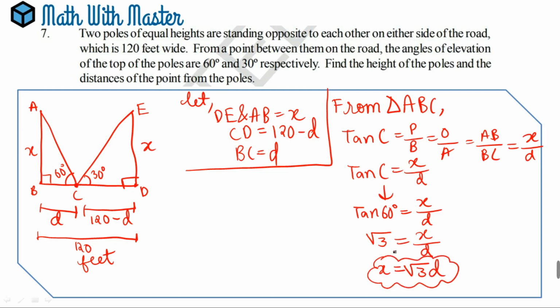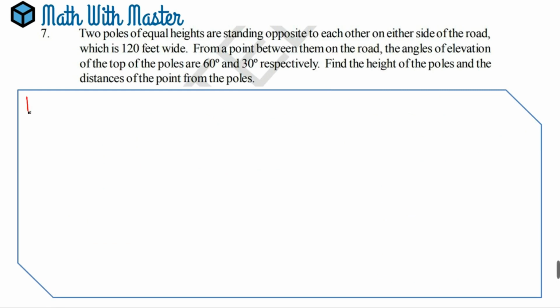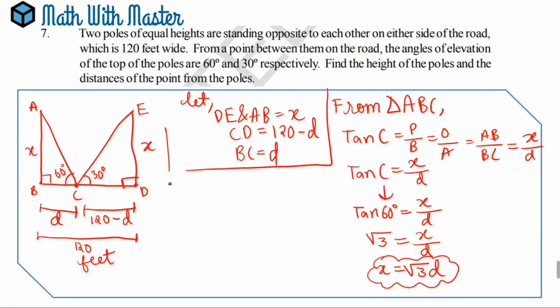Now the thing we have to do is, from triangle CDE we should find X, because this and this are common from them.